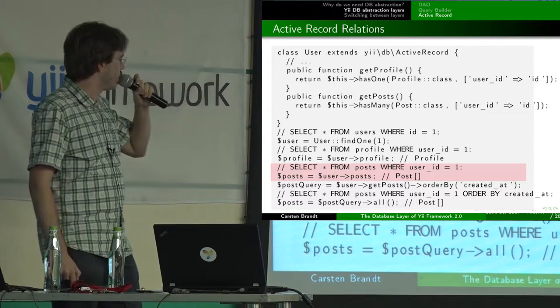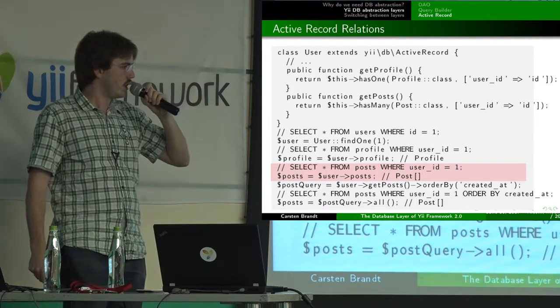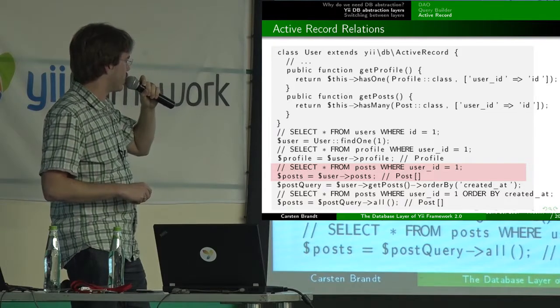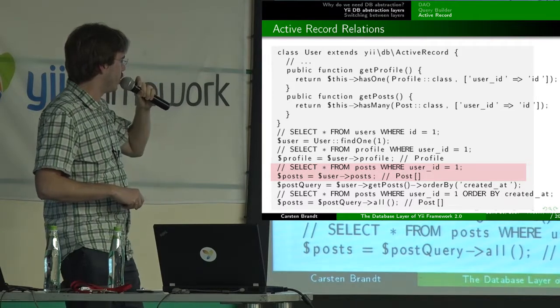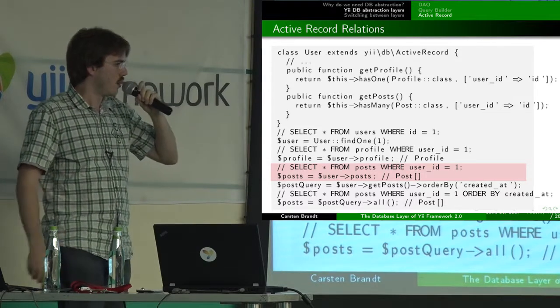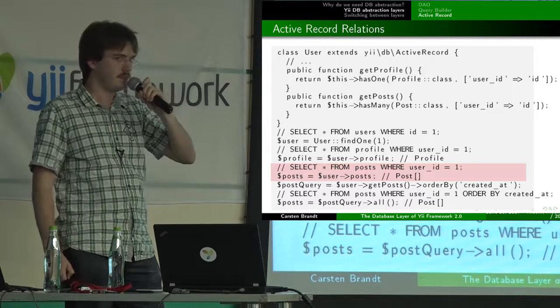There's a little difference between relational getters and normal getters, because this method returns a query in this case, but if we call it like this, we directly get the result of the query execution.